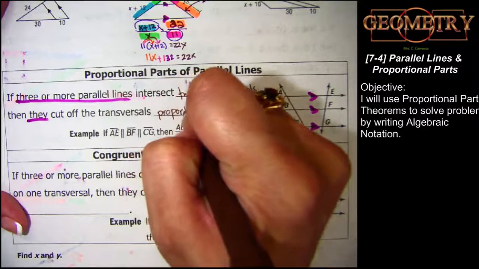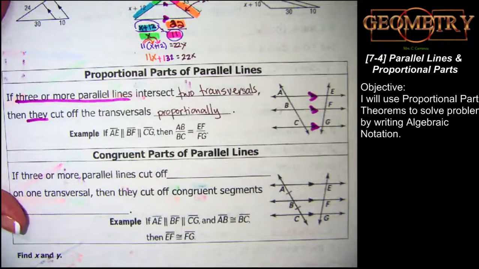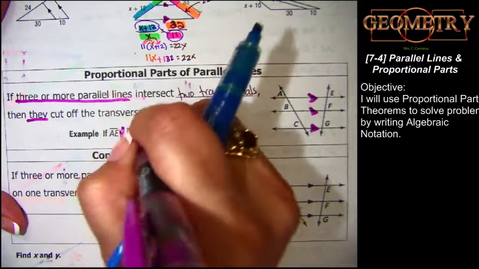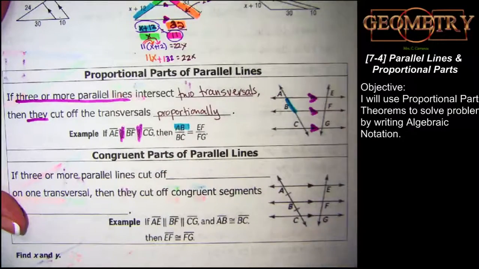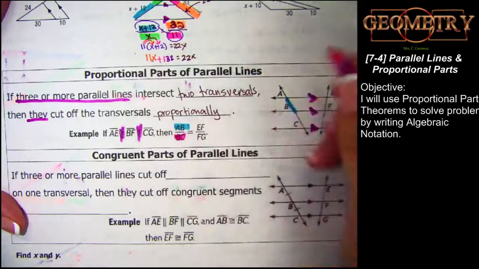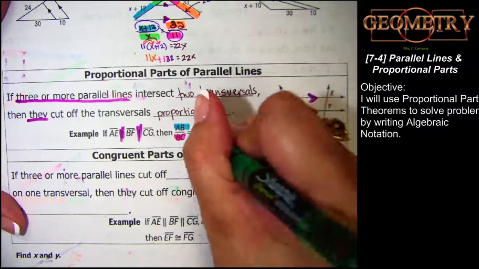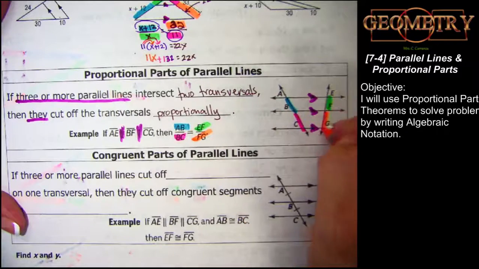That is, they're going to create segments that we can write in proportion. Take a look. We've got parallel lines. AB is right here, and BC is right under it. That's supposed to be proportional to EF and FG, which is right under it.